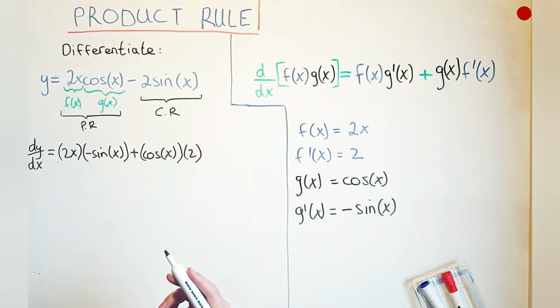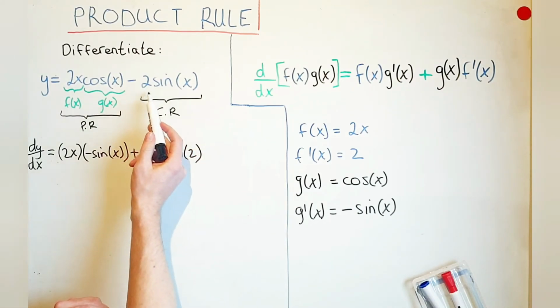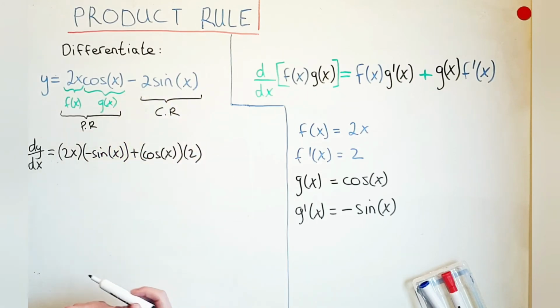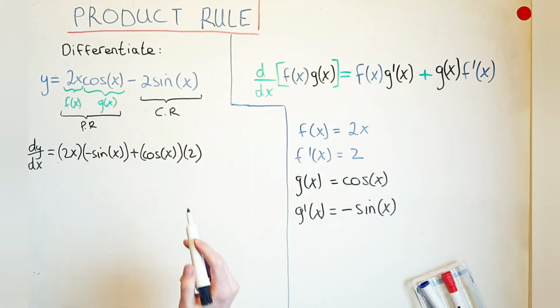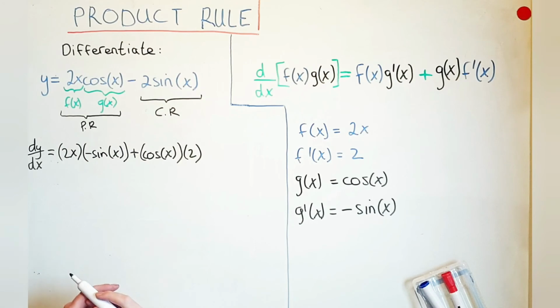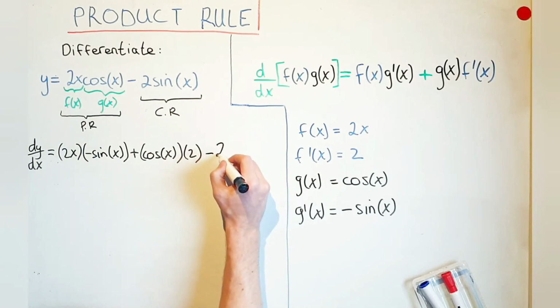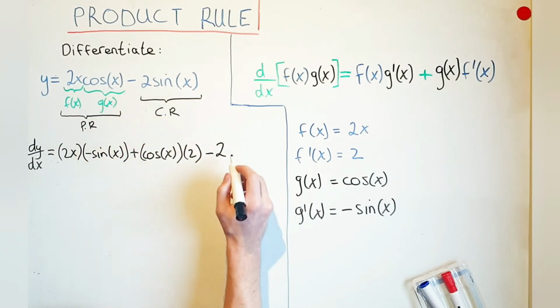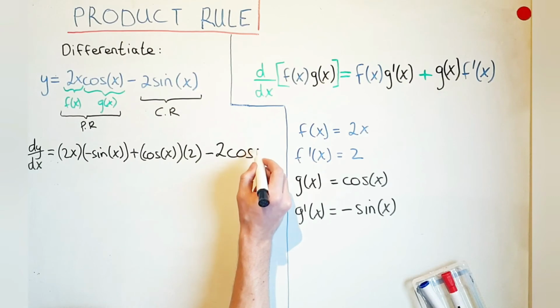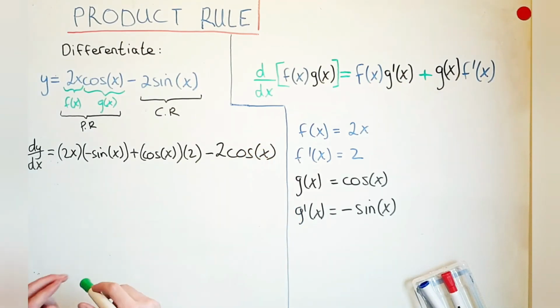And then we can't forget we have this second expression up here that we also have to differentiate. And we know that sine x differentiated goes to cosine x. So that's going to be a minus here. The 2 just stays where it is, and the sine of x changes to cosine of x. Right, so that's the function y differentiated.